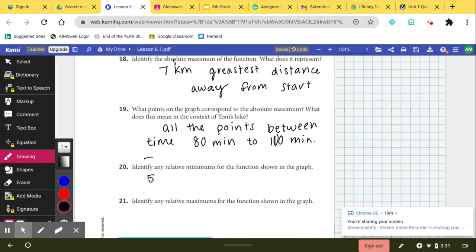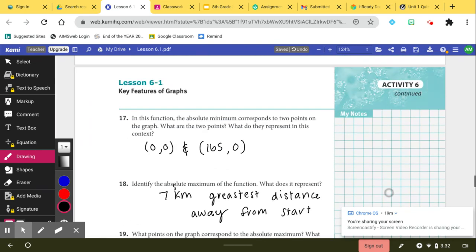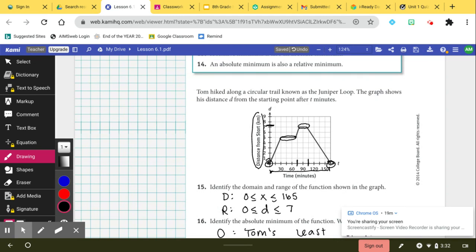And then any relative maximums for the graph, that would be the 5 or 7. Because 5 can be a minimum because right in here it's the lowest right next to it. And then 5 can also be a maximum because over here we have 5 being the greatest value.